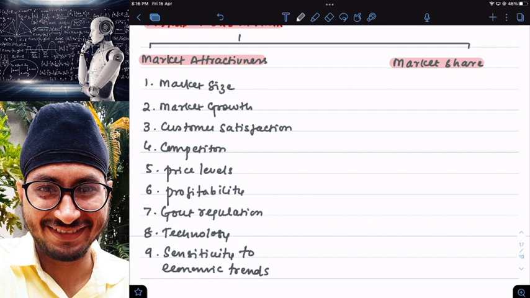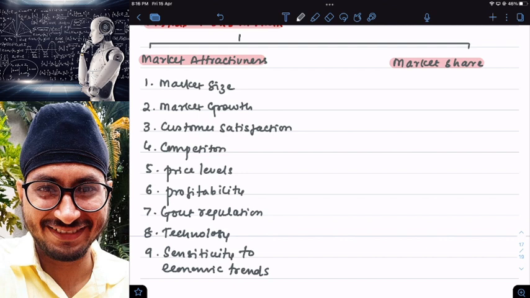Sir, if market size is very big, it is attractive market. Many people are there. I also want to enter, sir. Market growth rate is very high in future. It's an attractive market. Sir, in a market, most of the customers are satisfied with whatever quality and price you keep. Good market. Market is attractive. Competition is very lesser. It is an attractive market. Price levels are very high and profits are also very high.